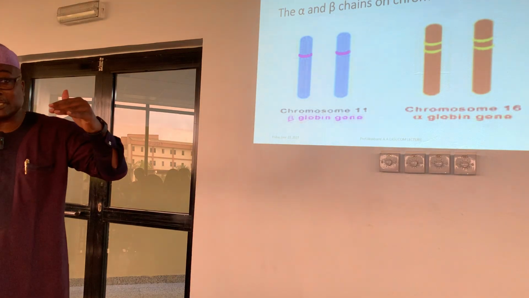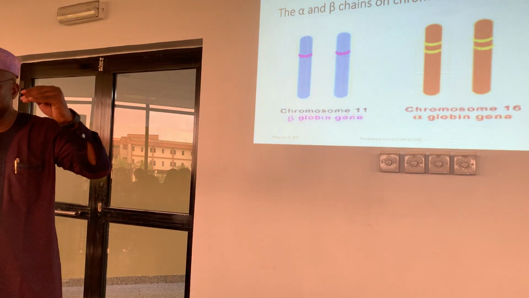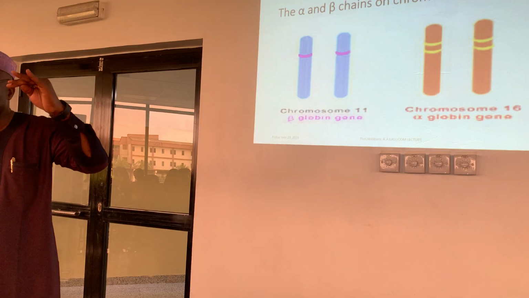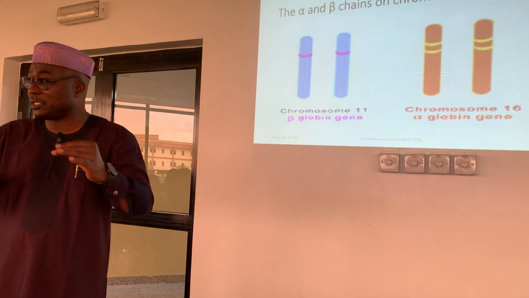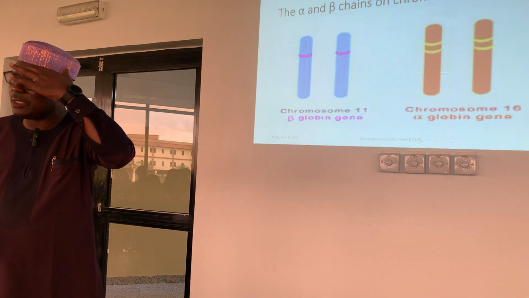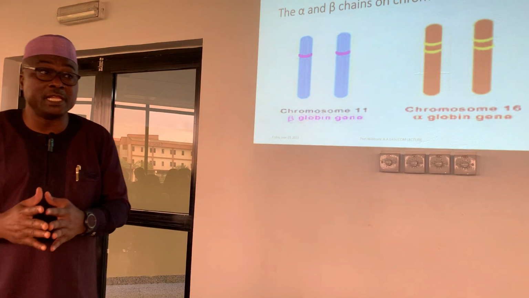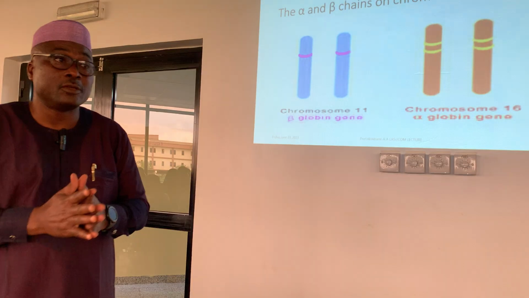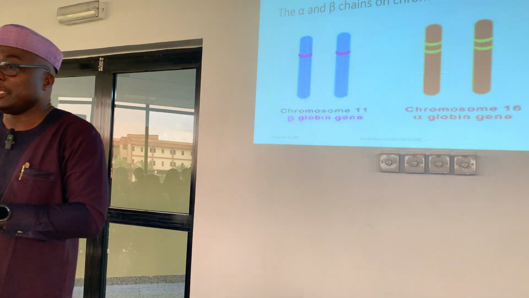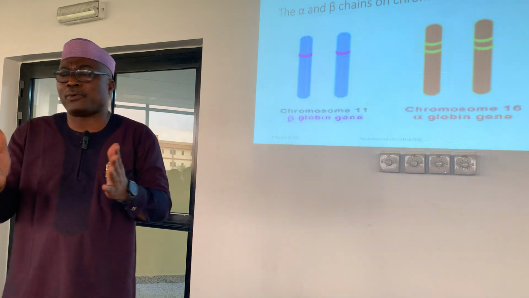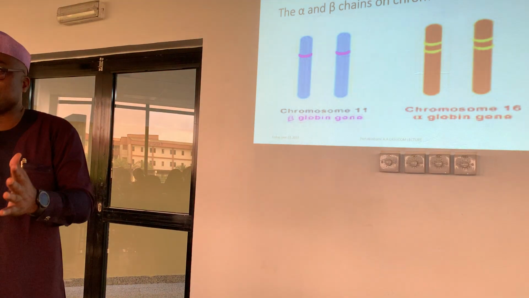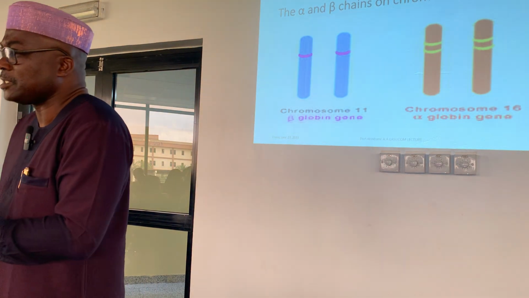And that is why it is at beta chain number 6. Number 6, that's where the mutation takes place, in which you have valine replacing glutamic acid. What kind of amino acid is glutamic acid? Positively charged, negatively charged, neutral?